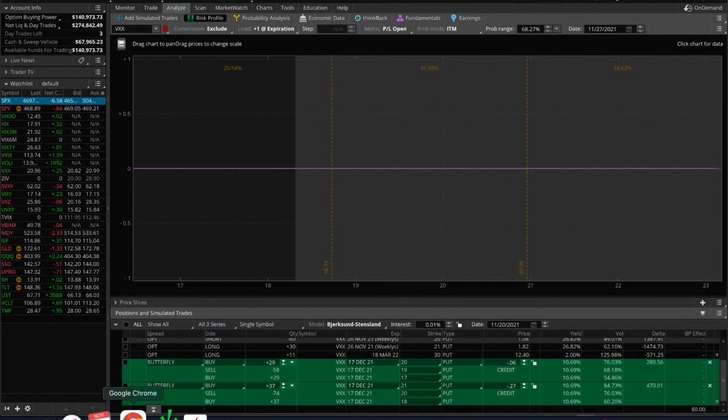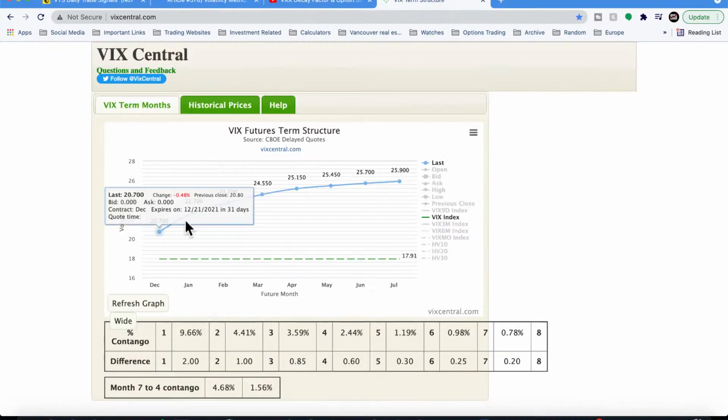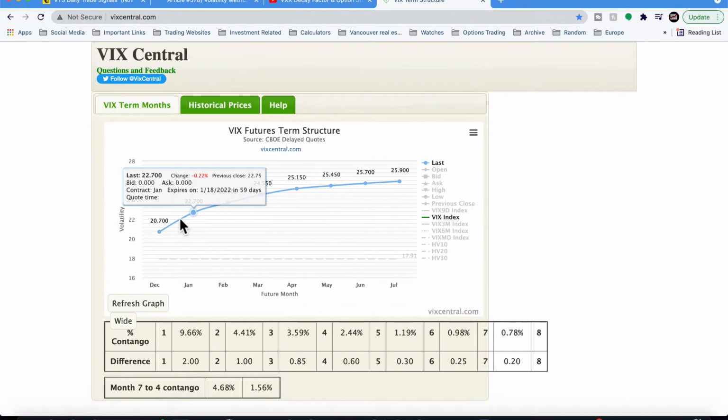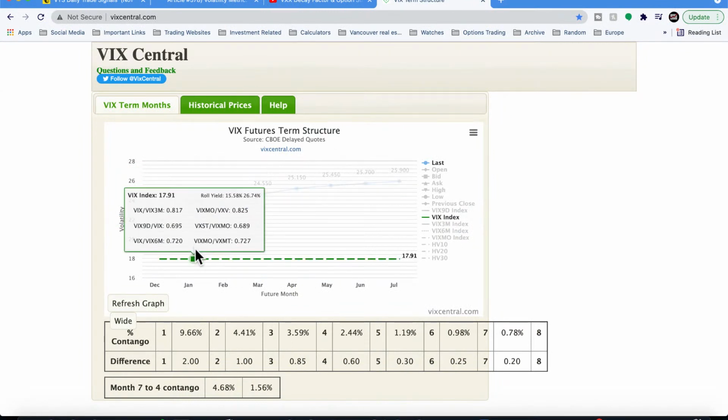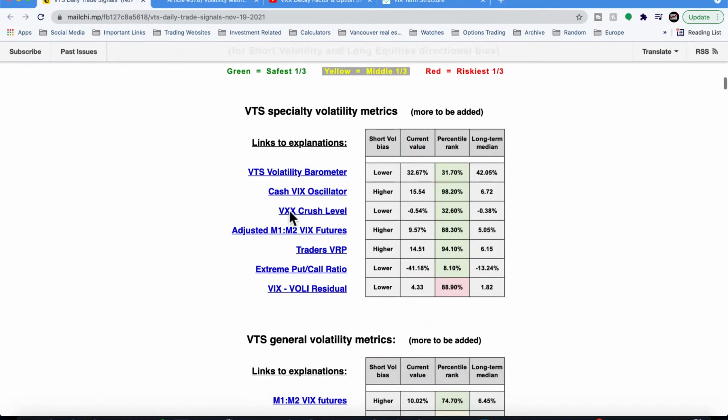How many people actually go through these numbers and can say with certainty, based on where the VIX futures are, based on the M1, M2 futures and the VX30 contract compared to the VXX or the VIX index at expiration, I can tell you with certainty that if nothing happens on Monday, if everything stays the same as it was last Friday, the VXX should be down 0.54%. This is an edge.